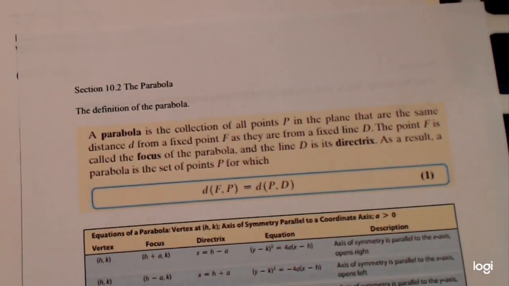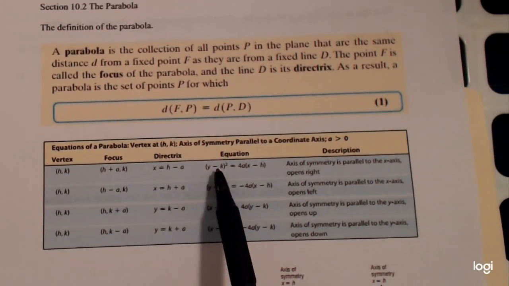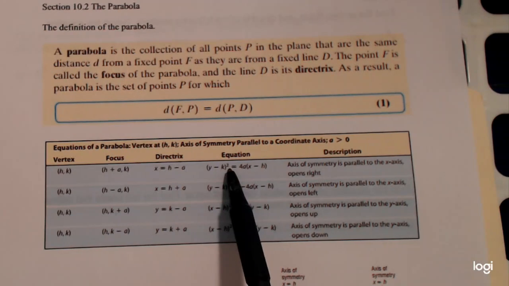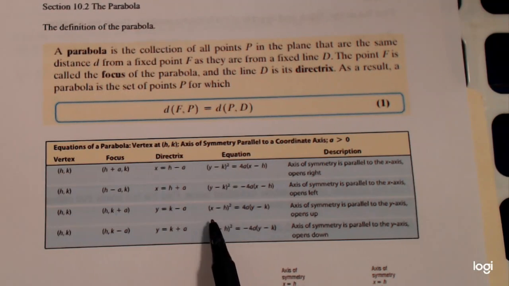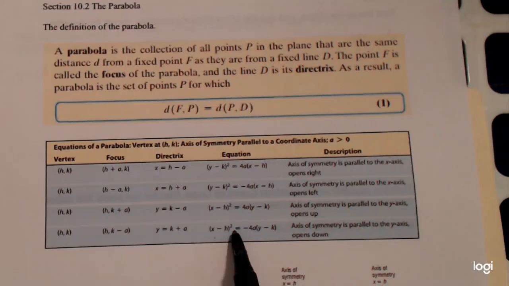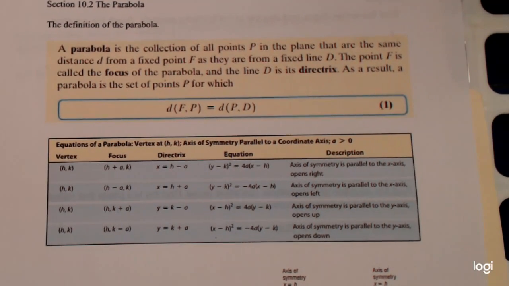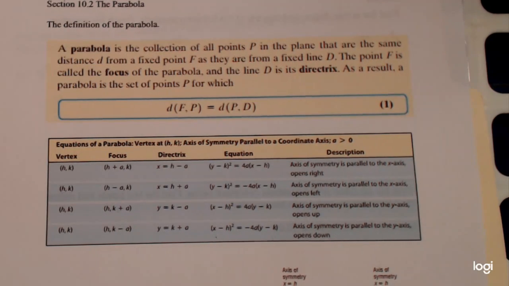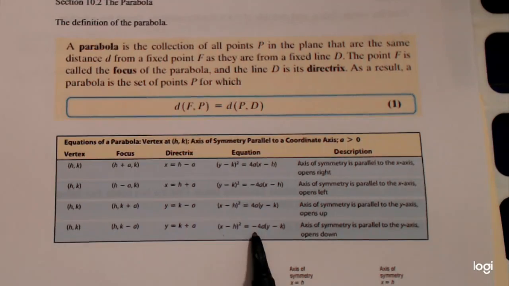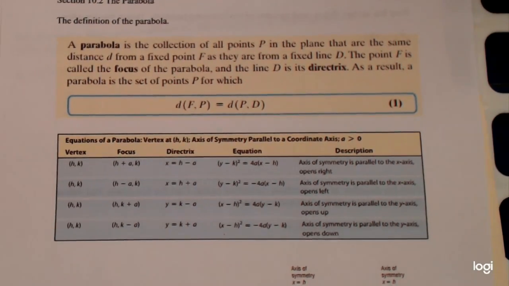So we'll go over here and we'll look. This says y minus k squared, or x minus h squared. So if the x's are squared, it will look like this one or this one. Now, because this is negative right here, it's going to look like that one.